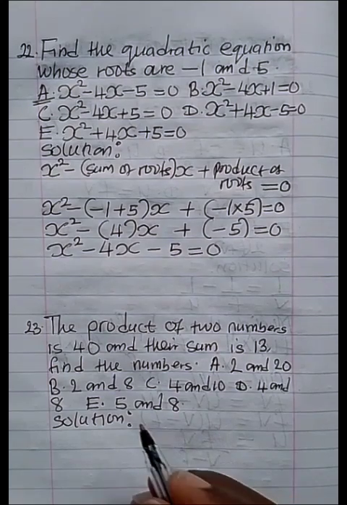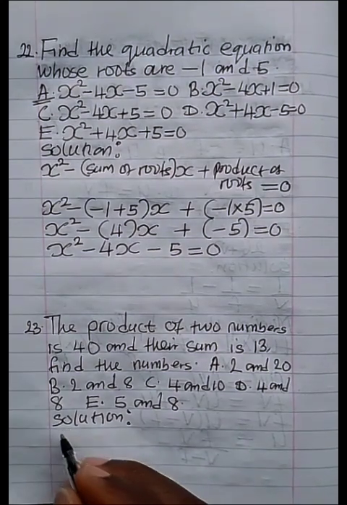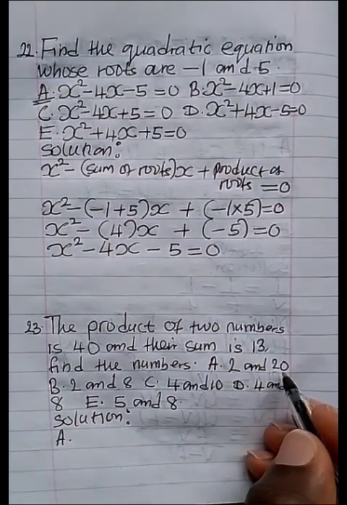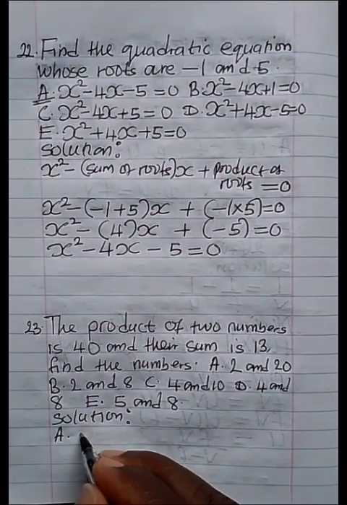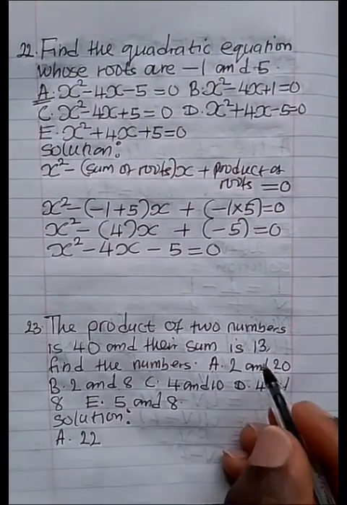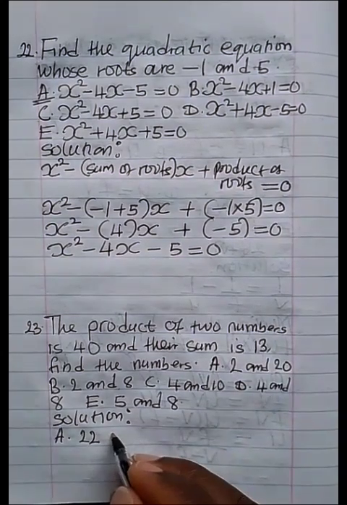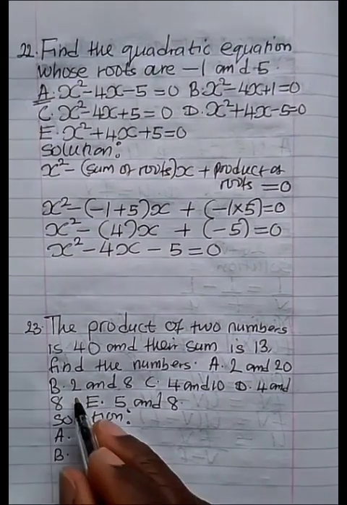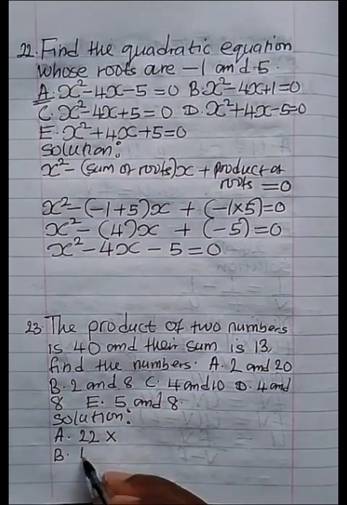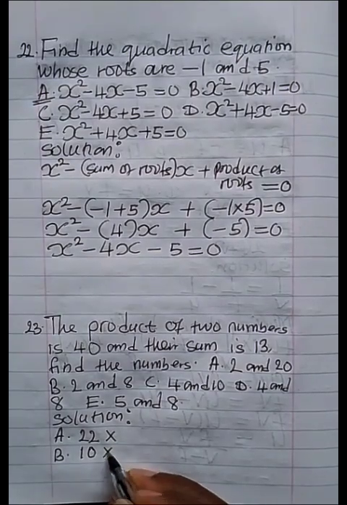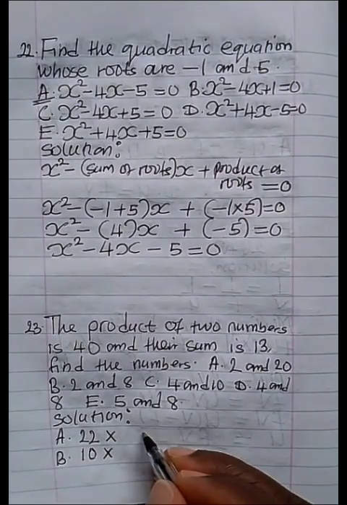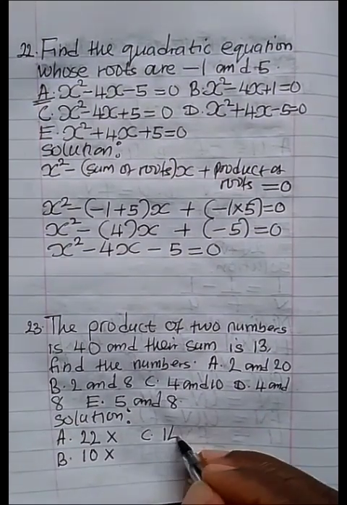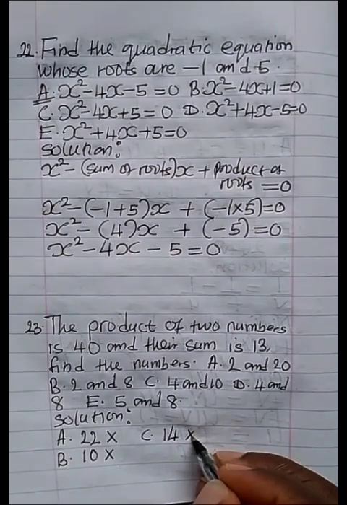Let's start from the sum. Okay, we take option A, 2 plus 20, that is 22. The sum is not 13. We cancel off this. We take option B, 2 plus 8, that is 10, not 13. We move to option C, 4 plus 10, that is 14, not 13.